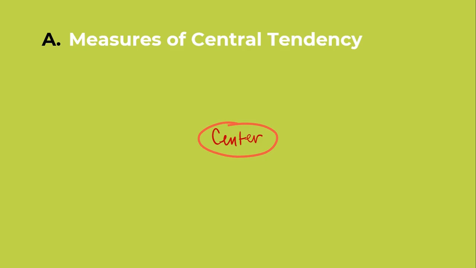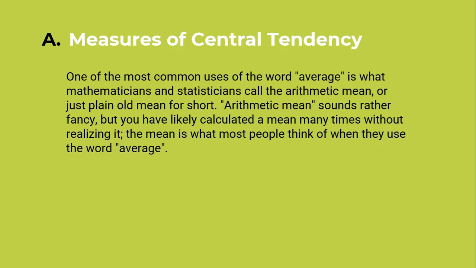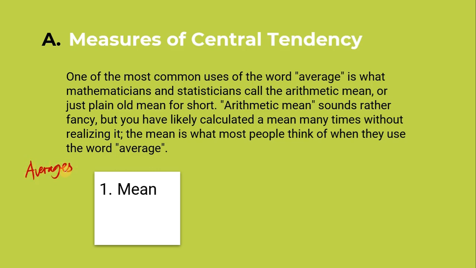But in the measures of central tendency, I think I've mentioned this already, we have three types of averages. Arithmetic mean is just one, but the other two are the median and the mode. Averages, or measures of central tendency.